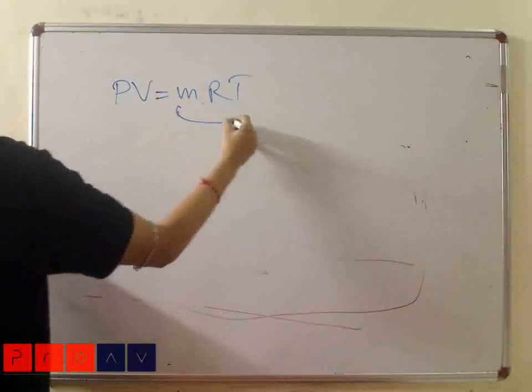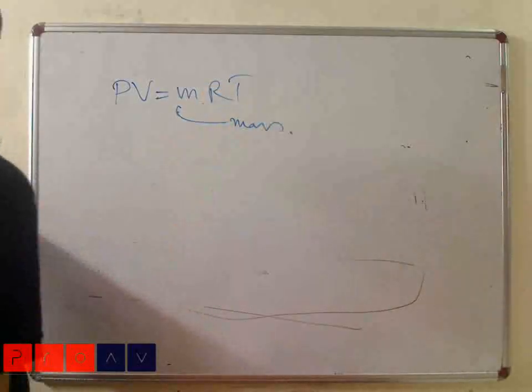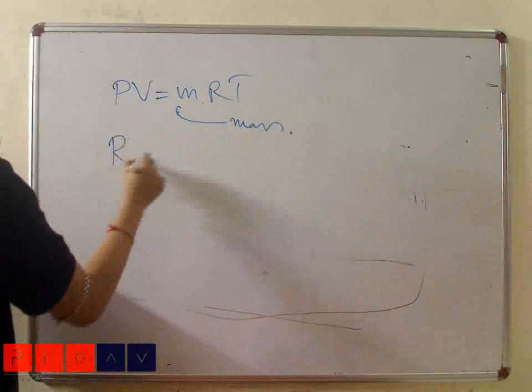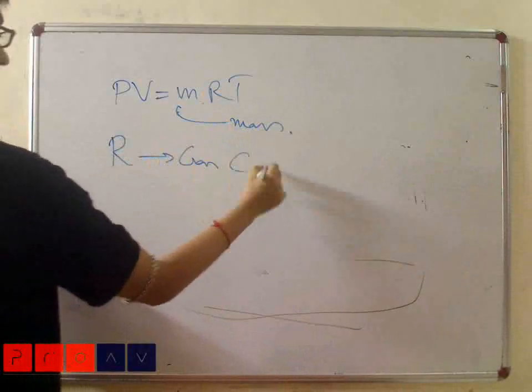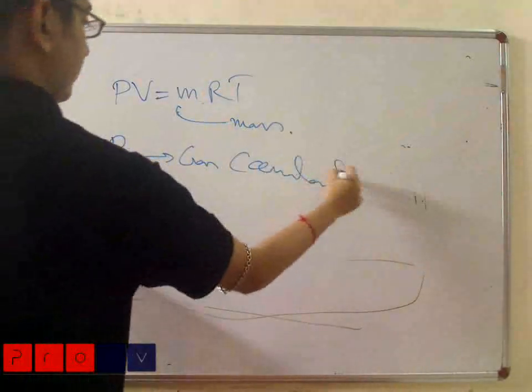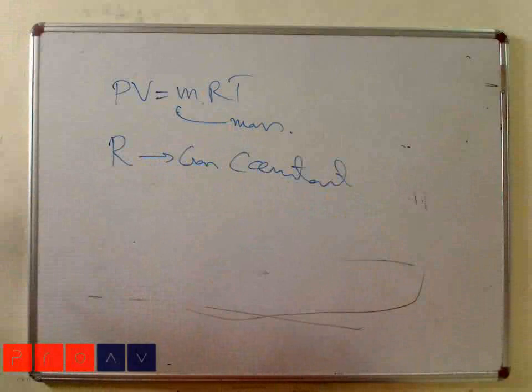M is the mass and R is the gas constant, which depends on the properties of the gas.